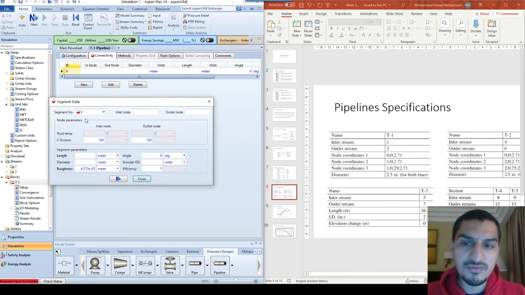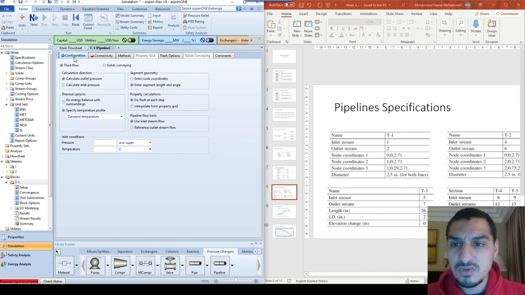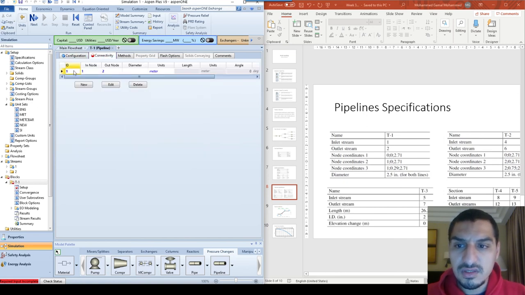Yeah, so this is the first one. You have to define the inlet node from node 1 to node 2. This is the node 1 and node 2. And here I said I'm gonna define it by the length and the diameter, but this is not what I need to do. I want to go for the coordinates and do the connectivity.